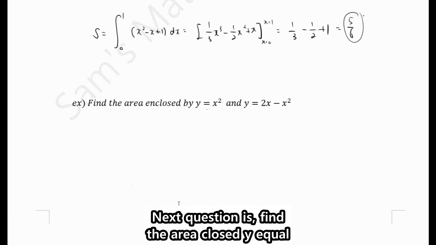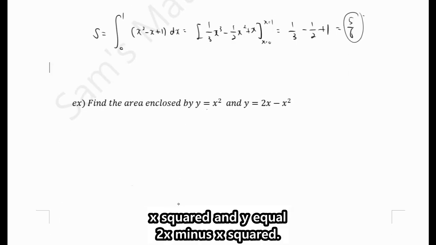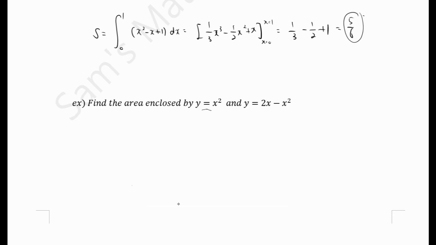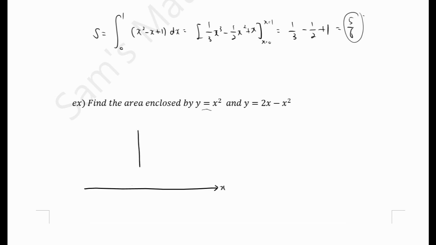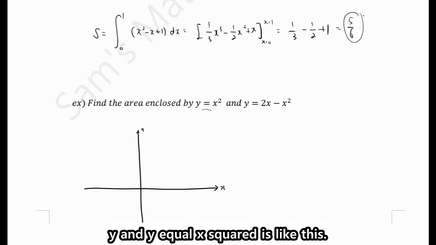The next question is to find the area enclosed by y equals x squared and y equals 2x minus x squared. First we draw the graph with x and y axes. Y equals x squared is like this.